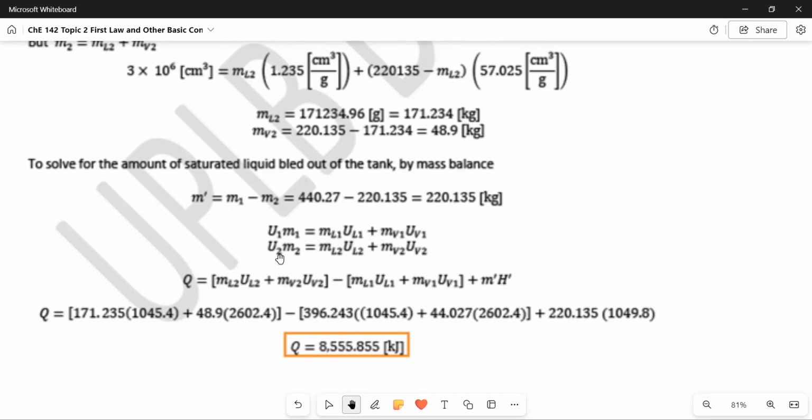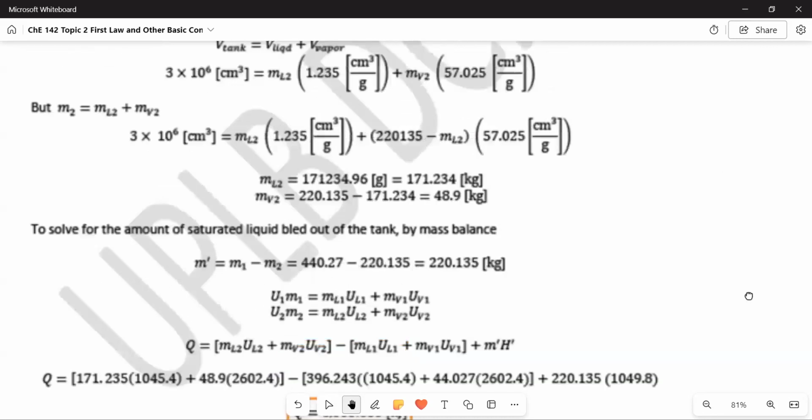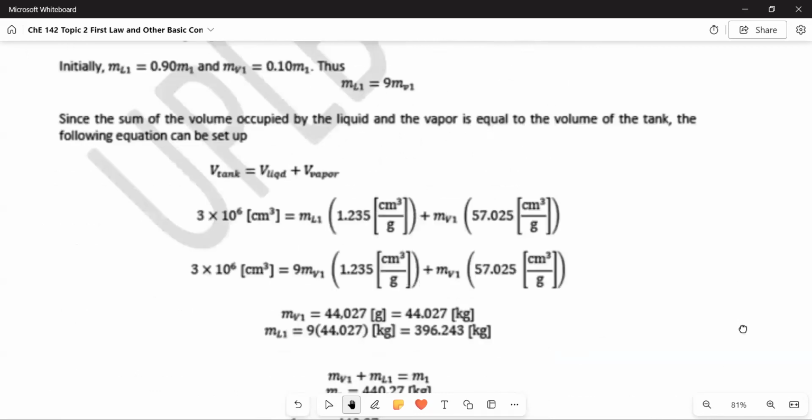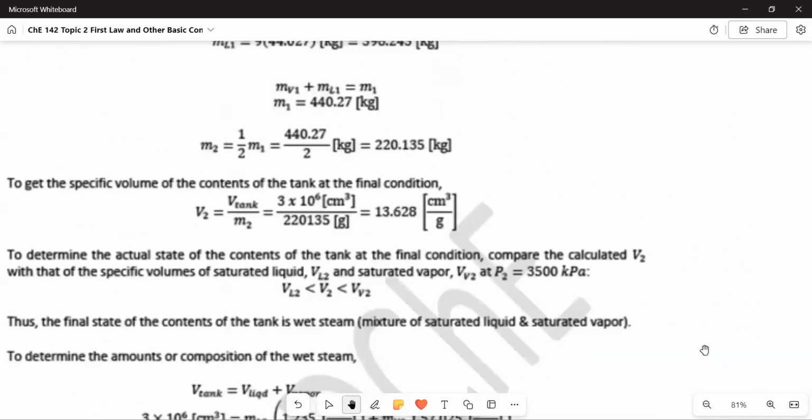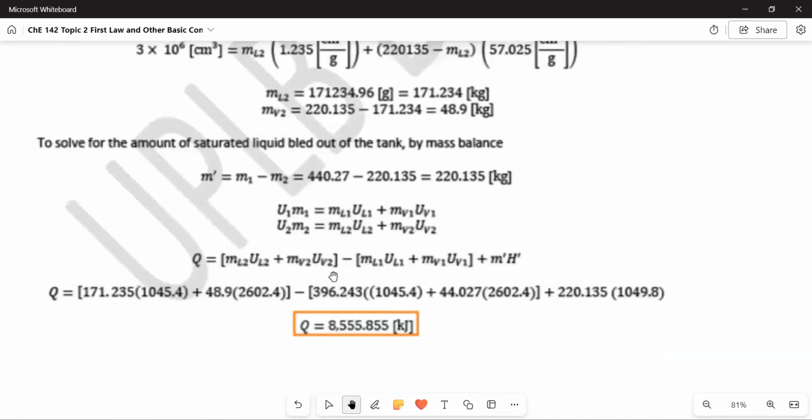The same for final condition. Substituting that into our energy balance equation right here, everything is known.